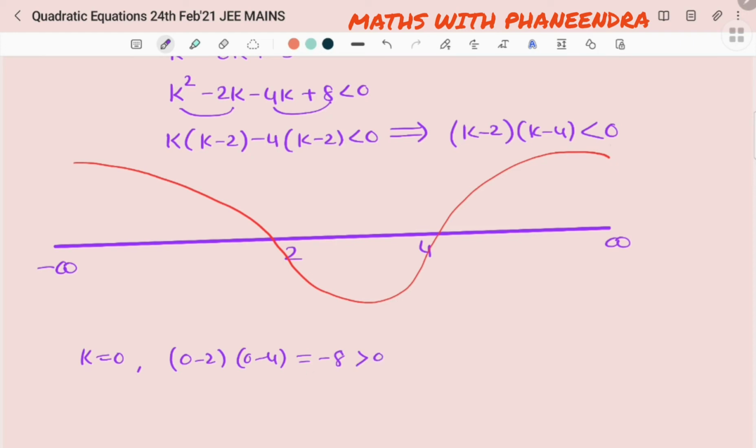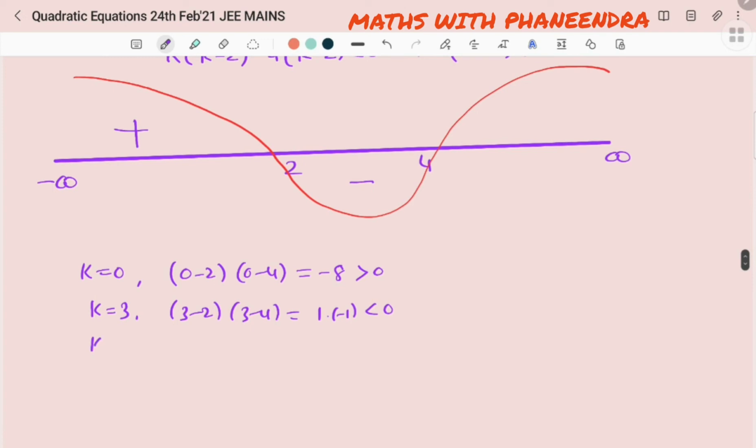So this is not our suitable one, it is positive. Between 2 and 4, if we take 3: (3 − 2)(3 − 4) is 1 × (−1), which is less than 0, negative. If we take 4 to infinity, k = 5: (5 − 2)(5 − 4) is 3 × 1, which is greater than 0, positive.